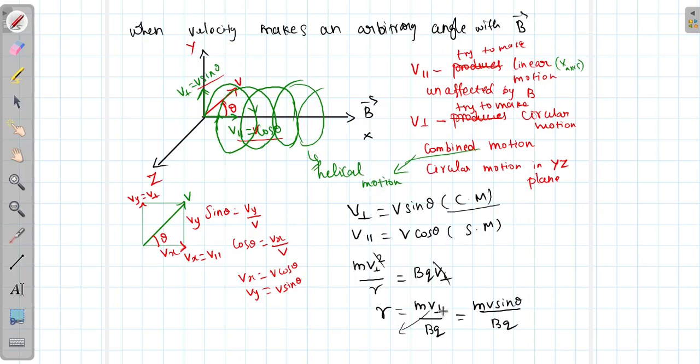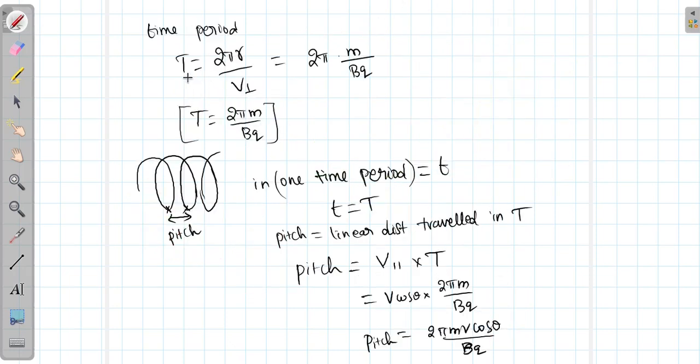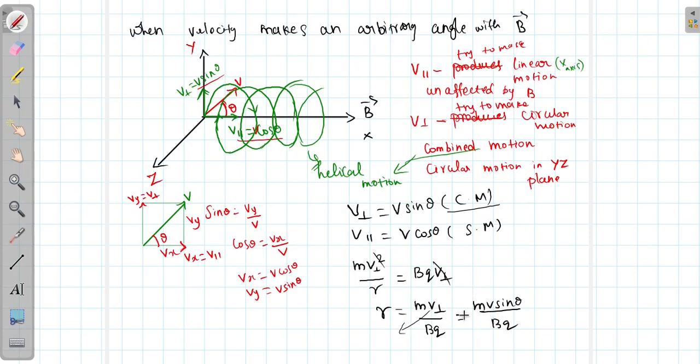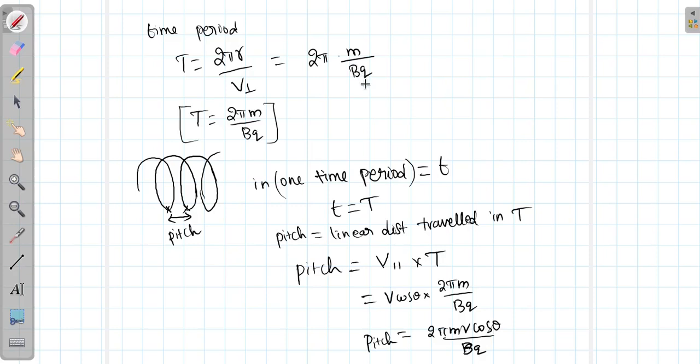We derived the radius of the circular path: m v squared by r equals B q v, but here instead of v we take v perpendicular. Therefore, r equals m v sin theta by B q. Similarly, the time period is 2 pi r divided by v perpendicular, and solving, we get only 2 pi m divided by B q, with no sine or cosine term. And for the pitch, it is due to the parallel component only, not due to the perpendicular component.